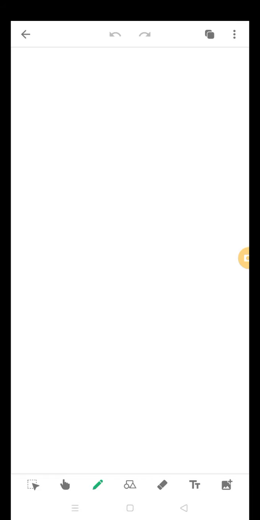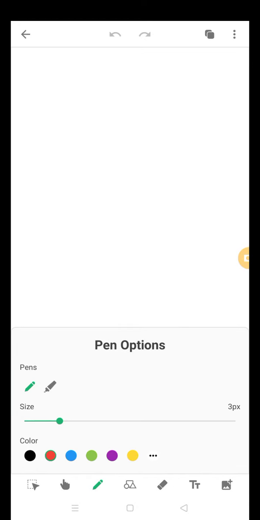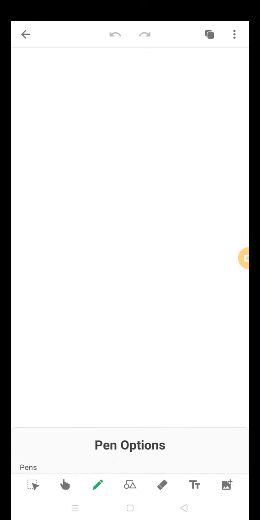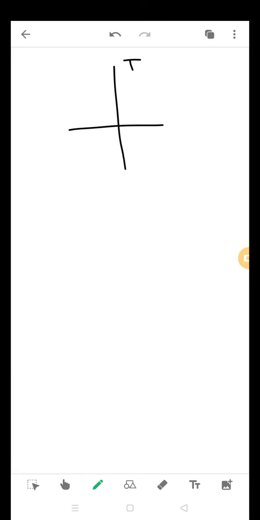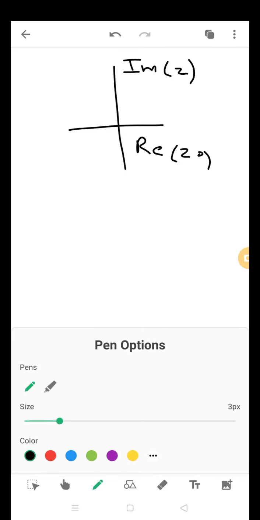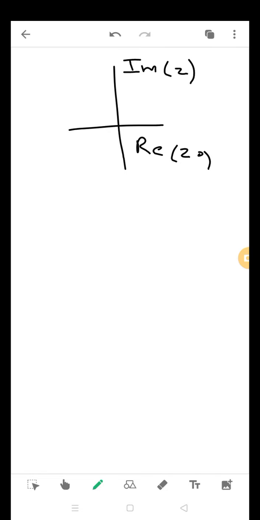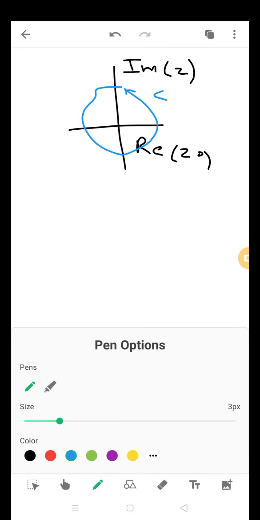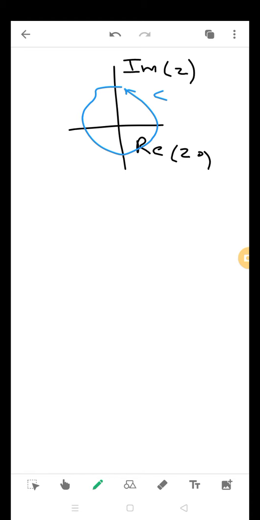Now say again we draw a contour. This is imaginary z and this is real z. This is a contour C, and say you have a singularity z0 here.